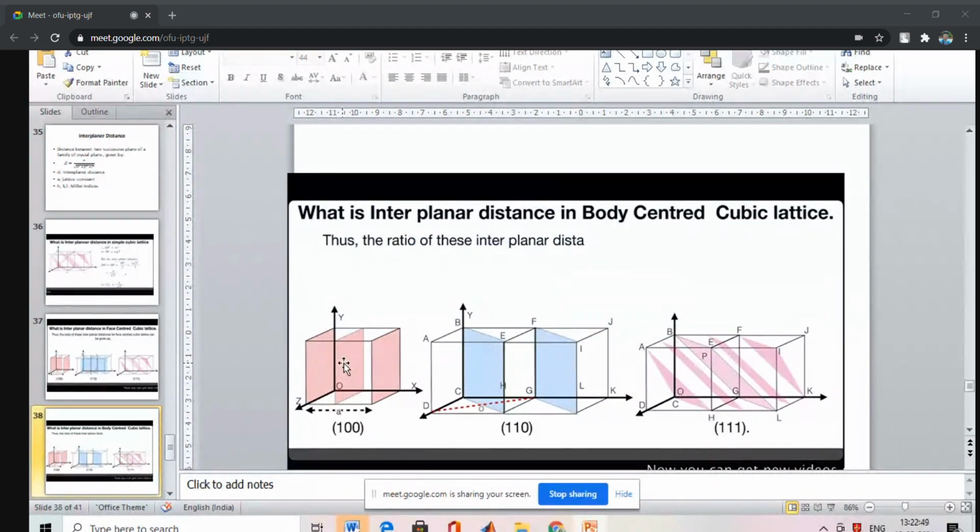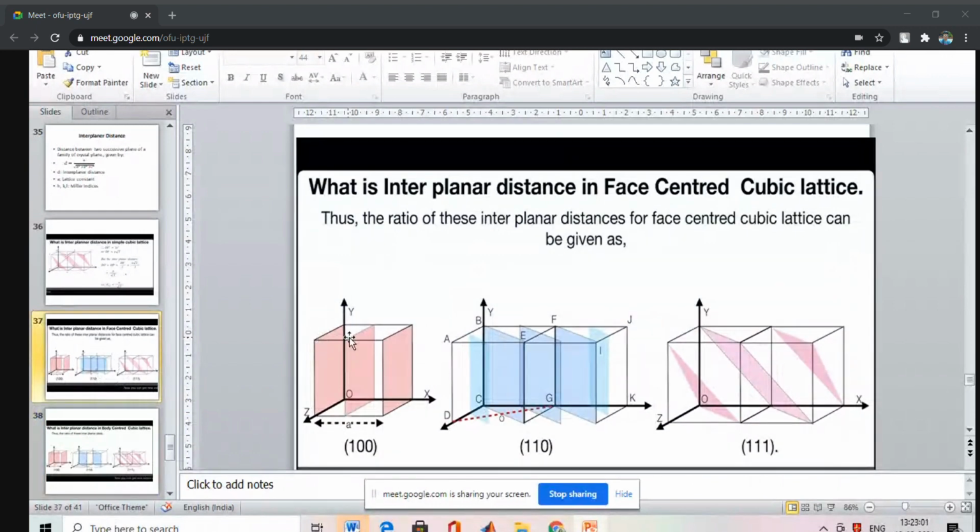In BCC and FCC, due to the body centered atom in BCC and face centered atom in FCC, there is one additional plane in a set of planes of 100 than that of SCC. Okay, so दोनों में SCC, FCC और BCC में एक additional plane है जो कि SCC में नहीं है.